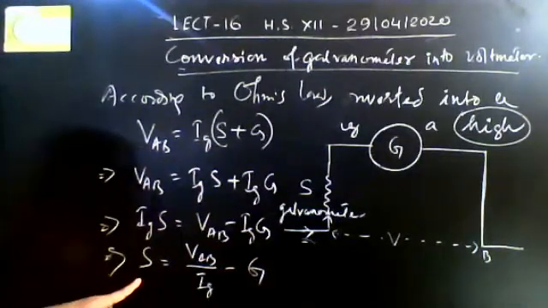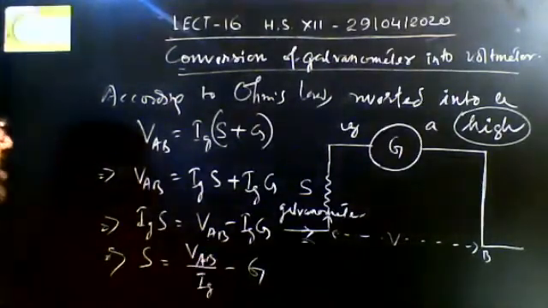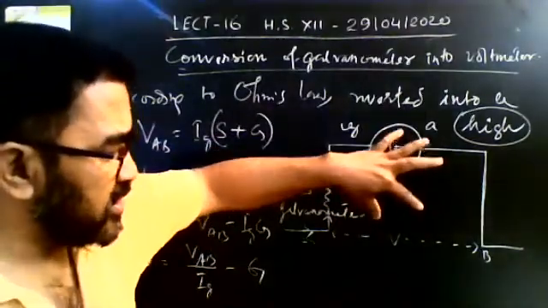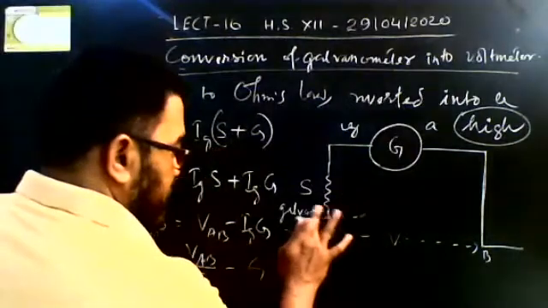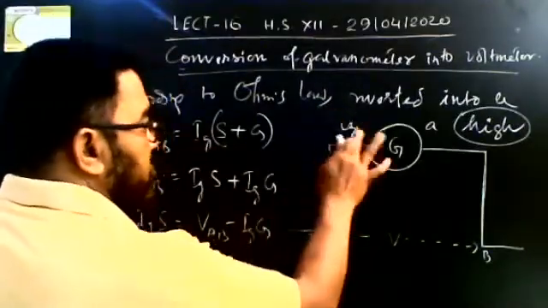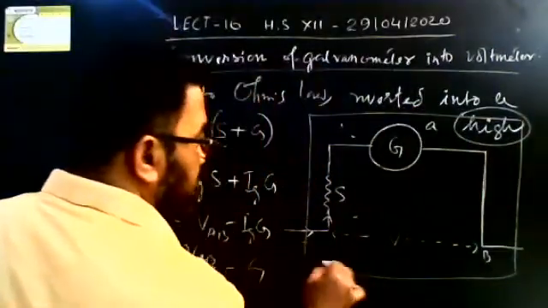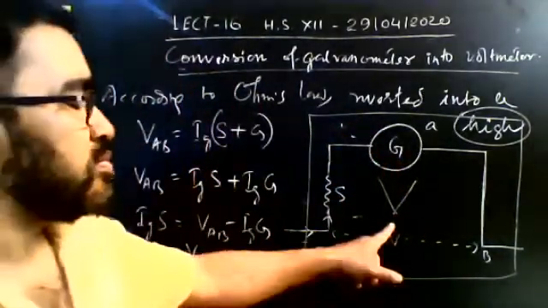VAB means the maximum potential difference that you can use from this instrument. When you connect this shunt resistance S, this whole device will be converted into a voltmeter. It will not be a galvanometer, it will be a voltmeter.